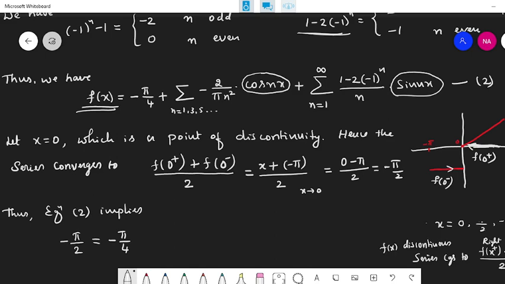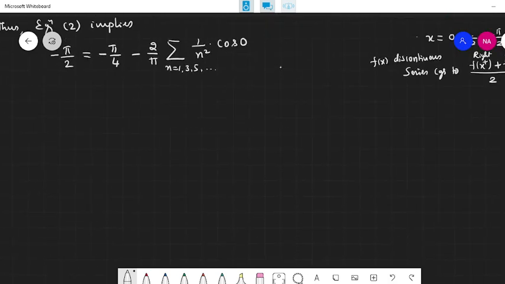Here let us take this constant term outside. Minus 2 by pi summation, n ranging over 1, 3, 5 and so on, 1 by n square into cos nx, that is cos 0. We have cos 0 equal to 1.